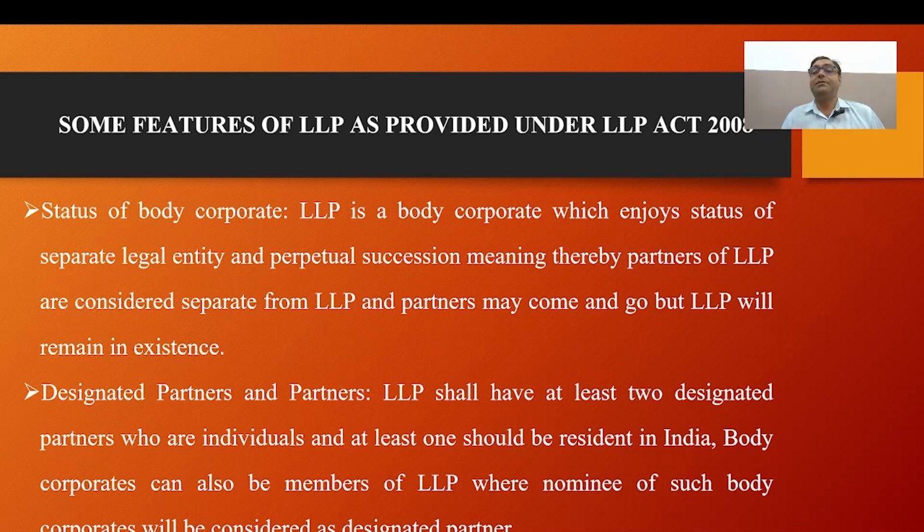Number three is the LLP agreement. All the mutual rights and liabilities of partners will be governed by the LLP agreement, including duties, objectives, terminations, and other important clauses. Number four, partner status.